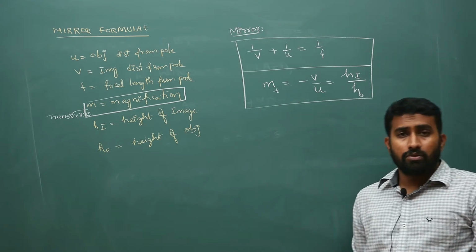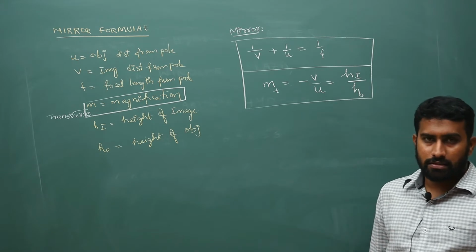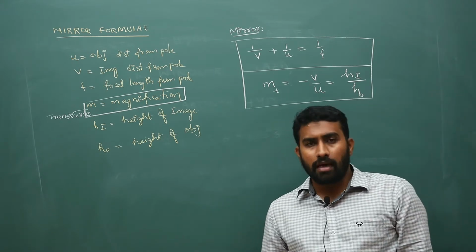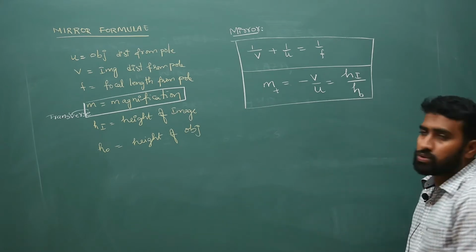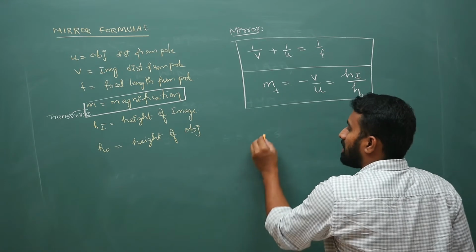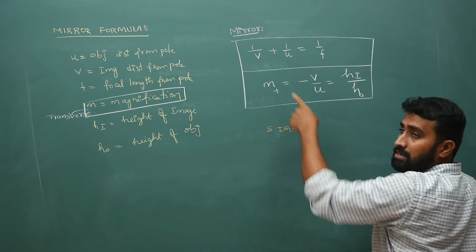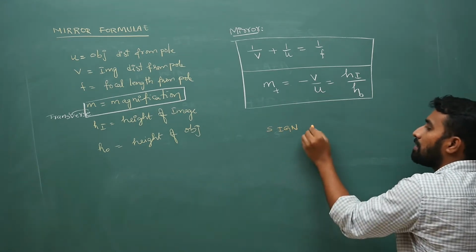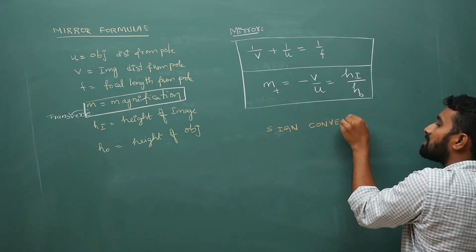Now when you are doing the calculations, an important rule you are supposed to follow is the sign convention. In this formula you have to follow the sign convention. What is the sign convention?